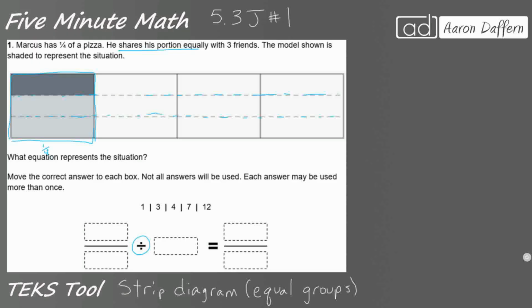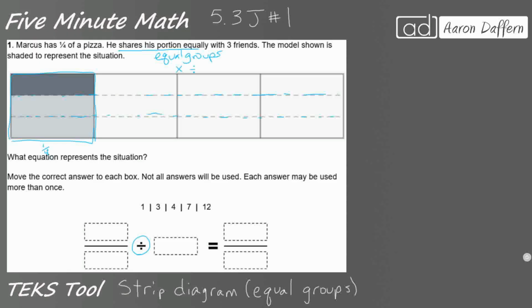And when we share the portion equally, that tells us that we are dealing with equal groups. Now, equal groups can either mean multiplication or division, depending on whether or not we have the total. And so that's what makes this such an interesting situation, is we're typically not used to thinking of fractions as a total, but Marcus has 1/4 of a pizza, and he's not multiplying that with multiple sets of 1/4.